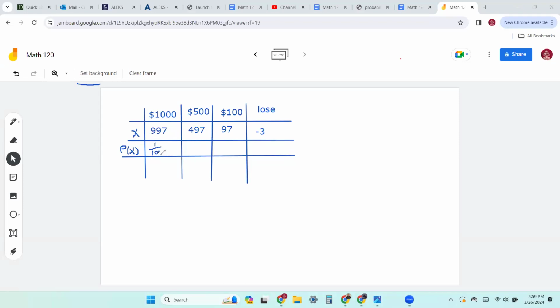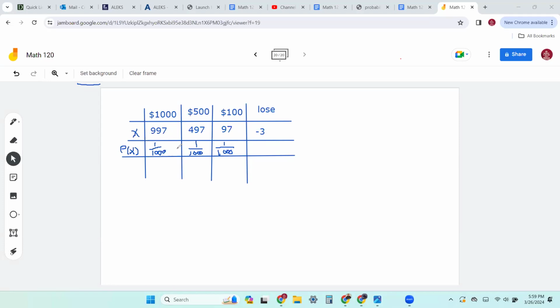If there are 1,000 tickets sold. Same thing with this: 1,000 tickets, only one of them is the $500 prize. Likewise, only one of them is the $100 prize. So the probability of getting the $1,000 ticket is 1 over 1,000, the $500 ticket is 1 over 1,000, and the $100 ticket is 1 over 1,000.